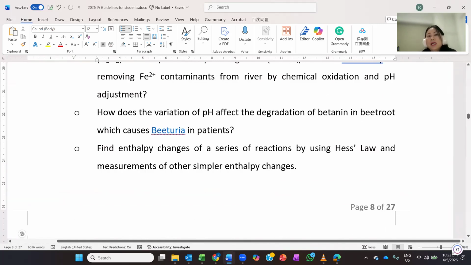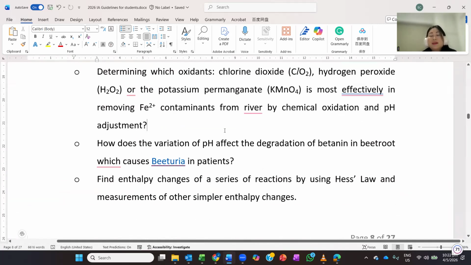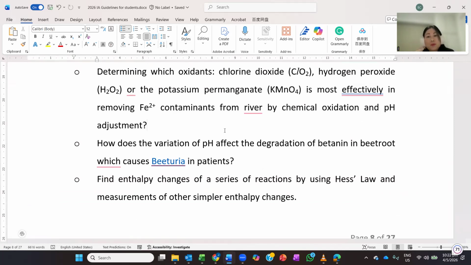So it will be better to have something where you can vary the independent variable, and you measure the dependent variable. So we want to establish some trends. Is there some trend? And then if there is some trend, then we can explain the trend. And if you find that there's no trend, then we can also explain why there is no trend.